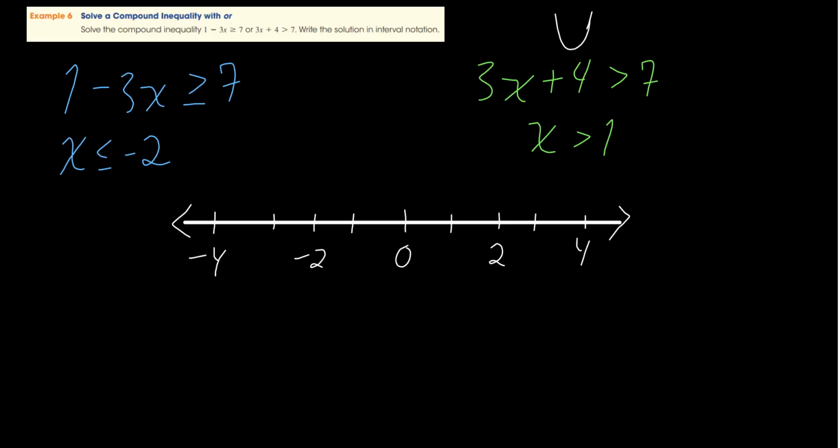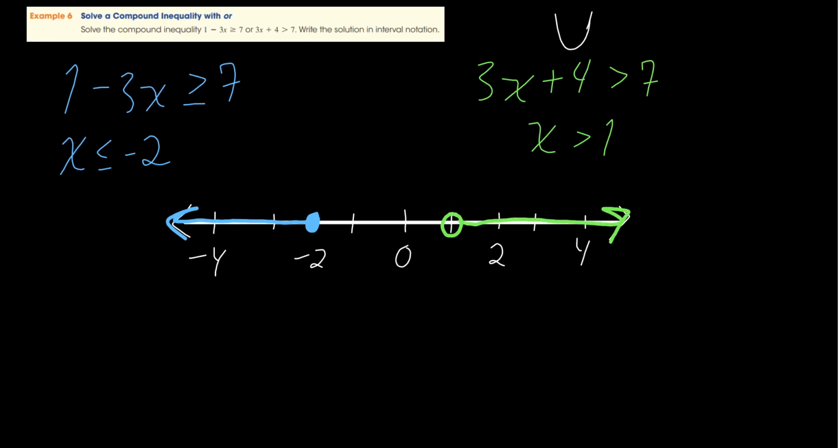So for the negative 2, we're saying x is less than or equal to negative 2. So I'm going to go over here to negative 2, and it's all the values that are less than or equal to negative 2, so we're looking at that. The right side, x is greater than 1, so we're going to start here at positive 1. It's going to be an open circle, because we're not including 1, and we're going all the way to the end there.